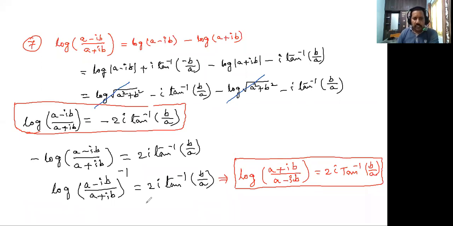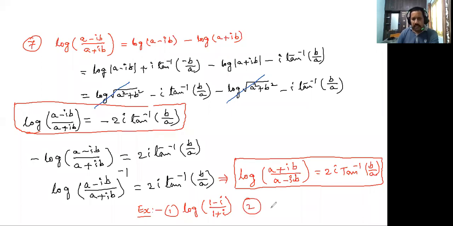So by using this concept, do some problems. This is the first problem: log of (1 minus i) by (1 plus i). Observe here, what are the a and b values? 1 and 1.